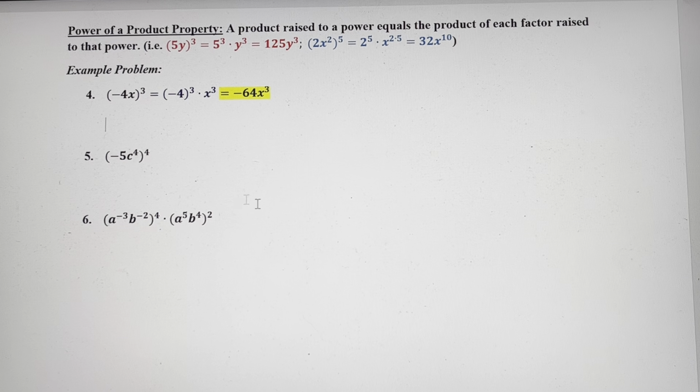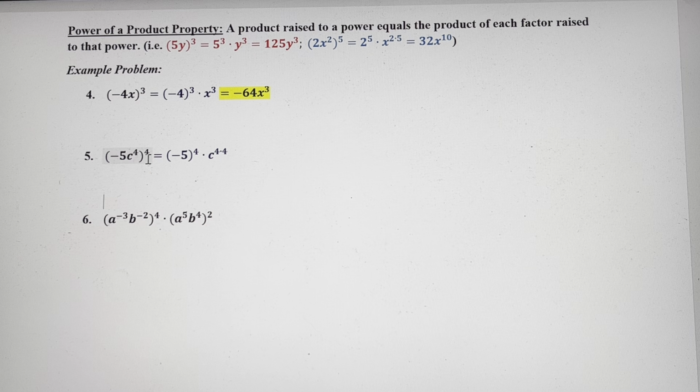Same kind of problem here in number 5. There's just a little bit extra to do. Again, each of these factors, the -5 and the c to the fourth, have to be raised to the fourth power. First, I've got a negative value, so I want it in parentheses. It's more important with an even exponent than with an odd, and I'll show you why in just a second. And then I'm going to have to multiply these exponents.